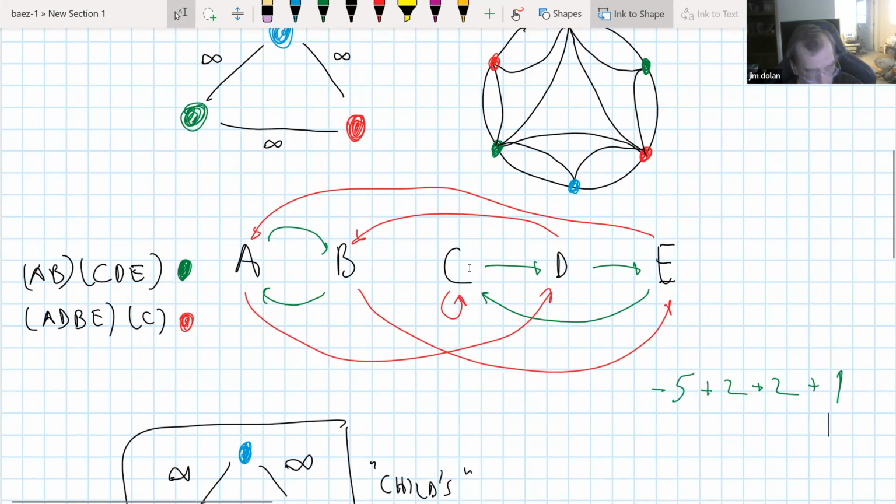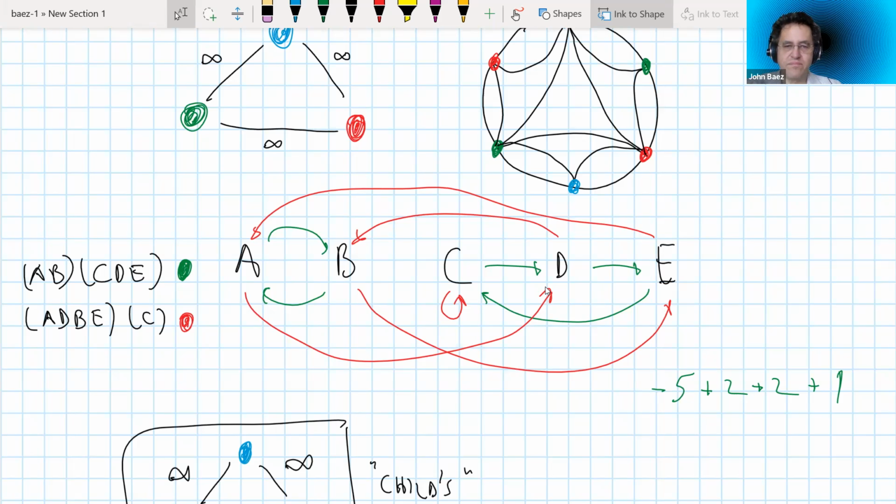So 5 is the number of points here. And when I did something like this last time, you told me that this was basically the Riemann-Hurwitz formula or something like that. Yeah, it was. Why are you getting -5 instead of +5?